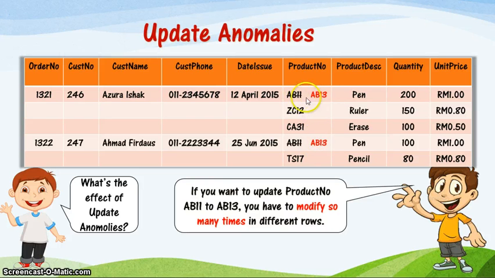In this case, you do not modify only one row, but you have to check each row. Does it contain AB11? AB11 is not here, AB11 is not here. Another row, AB11 here, so you have to modify repeatedly. In other words, you have to modify so many times. This is the example of update anomalies.